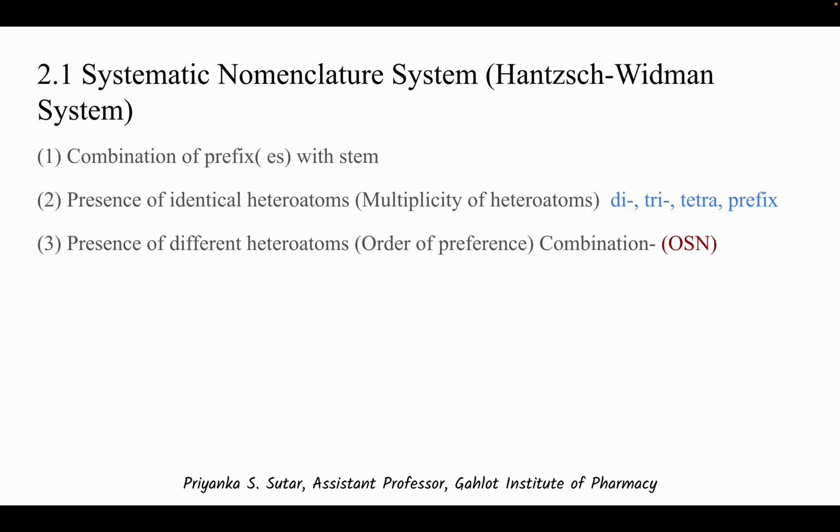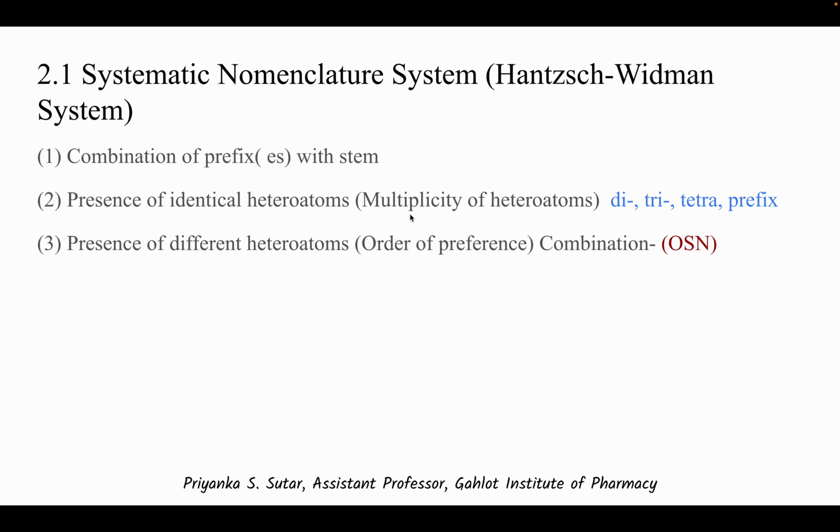Now you have learned 3 rules of the systematic nomenclature system, that is the Hantzsch-Widman system. According to the Hantzsch-Widman system, the name of the heterocycle consists of 2 parts: one is prefix, second is stem. The prefix indicates the heteroatom; the stem indicates ring size, saturation, unsaturation. For the prefix, you refer to table number 1. For the stem, you refer to table number 2.